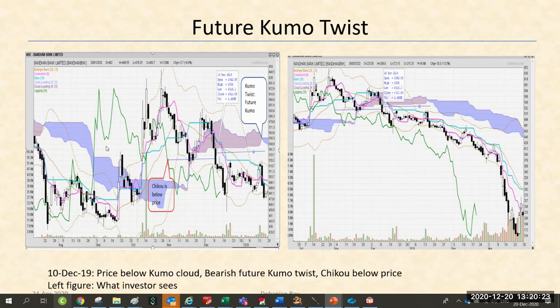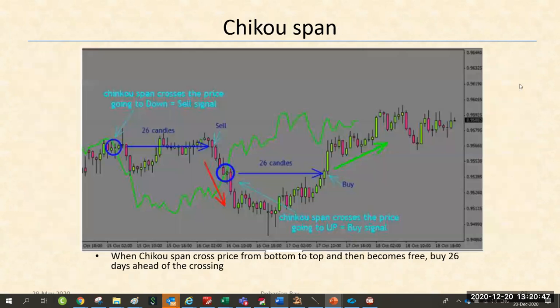The future Kumo is a Kumo twist and is a bearish Kumo. So there is every signal that the price is going to fall down, so you better exit the stock. Is the concept clear? These are very affirmative, very clear signals.